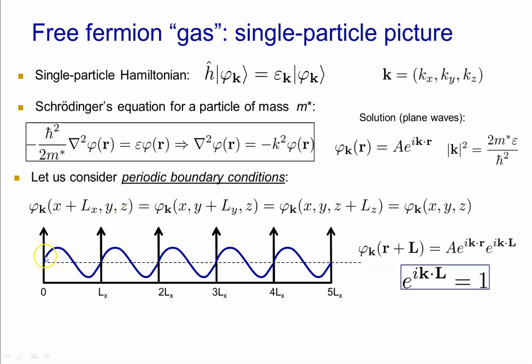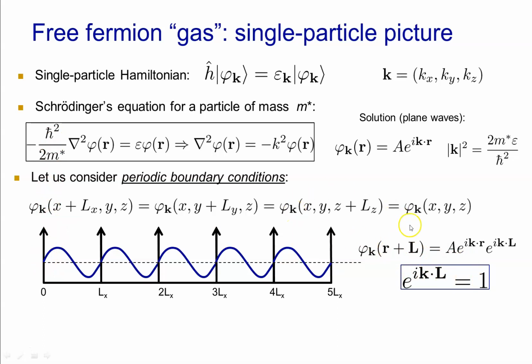I'm imposing that the function repeats itself every time you are in one of those boxes, right, with size Lx. And that happens in 3 dimensions, so it happens at y, and it happens in the z direction as well.